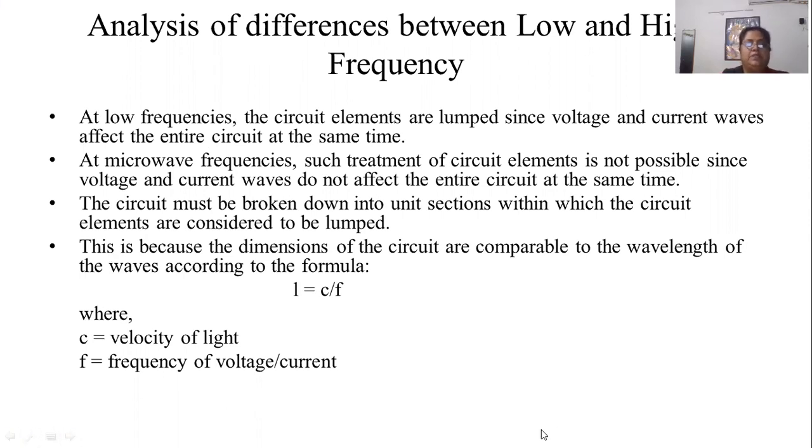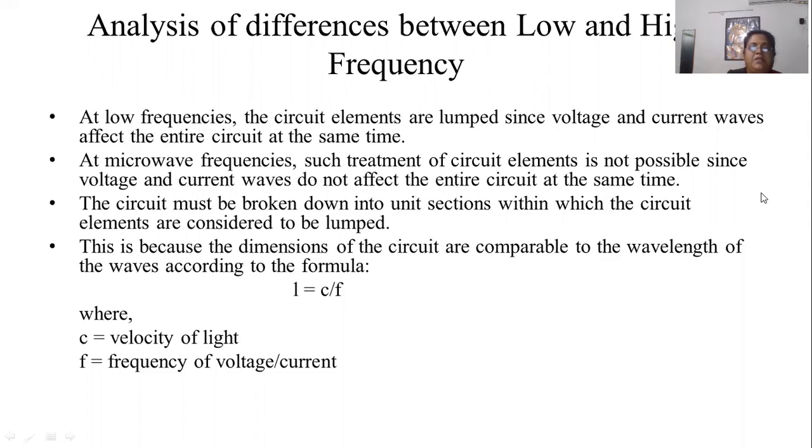Now we analyze the difference between low and high frequencies. At low frequencies, the circuit elements are lumped since voltage and current affect the entire circuit at the same time. At microwave frequencies, such treatment of circuit elements is not possible since voltage and current waves do not affect the entire circuit at the same time.